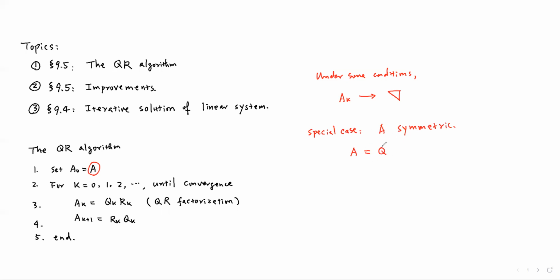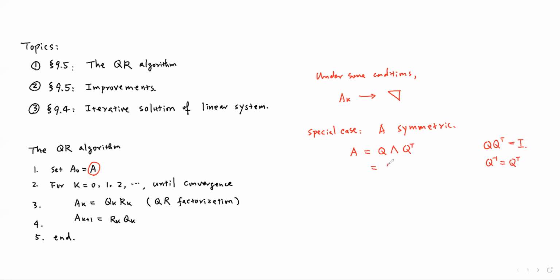We can find an orthogonal matrix Q and a diagonal matrix lambda such that A is equal to Q lambda Q transpose. Q transpose, because Q is orthogonal. Orthogonal means Q times Q transpose is I, so Q inverse is Q transpose.